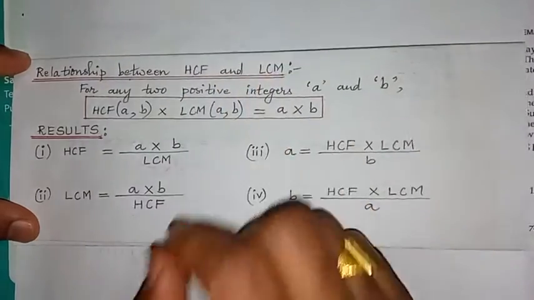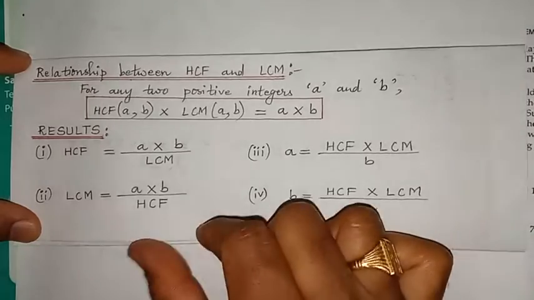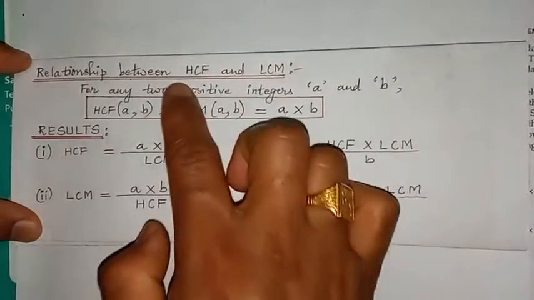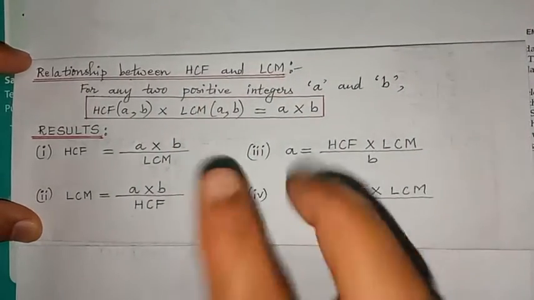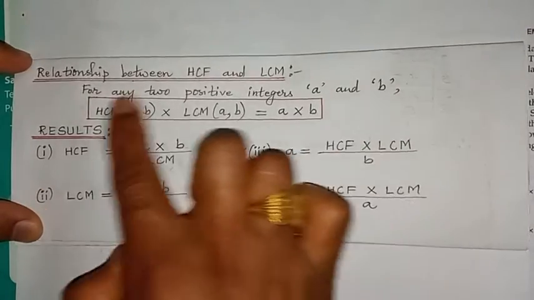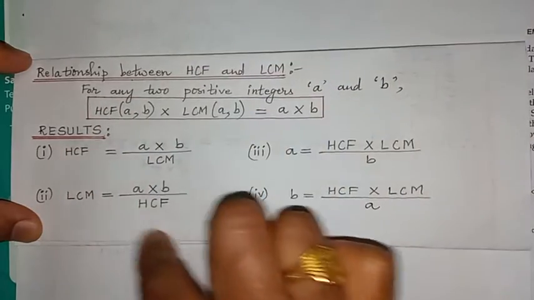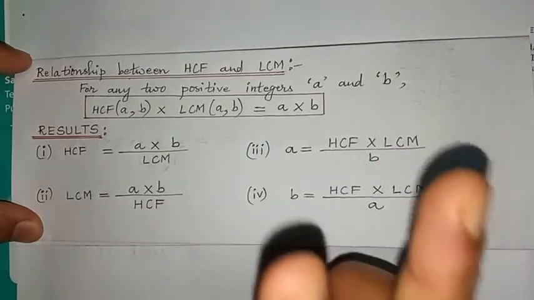That means there is a clear relationship between the highest common factor and the lowest common multiple of any two numbers. Now this rule is meant strictly for only two positive integers. This rule is not applicable for more than two positive integers.